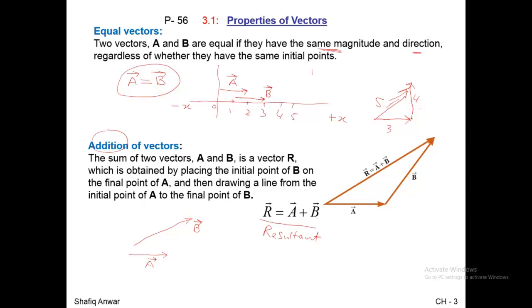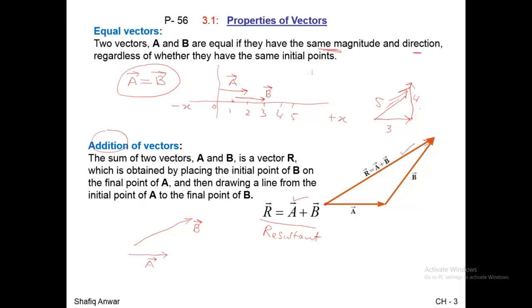Try to understand the rule first of all. What we do is take the first vector in the addition, which is A here, as it is. I put it here. Bring the beginning of the second vector B to the end of the first, with the same direction and the same length, and finally join the beginning of the first to the end of the second vector.